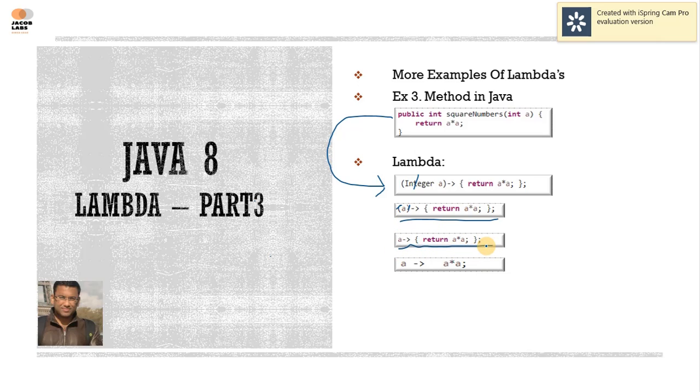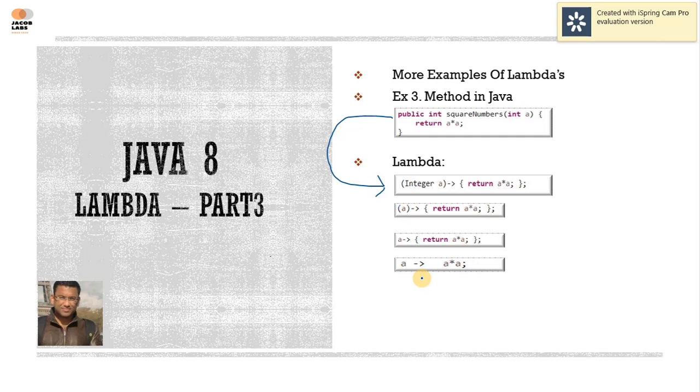The next rule, if the body of the Lambda has a single statement, in that case, we also don't need the curly braces or the flower braces. And if flower braces are not there, we can also remove the return. So our Lambda, the optimized Lambda, finally looks something like this.